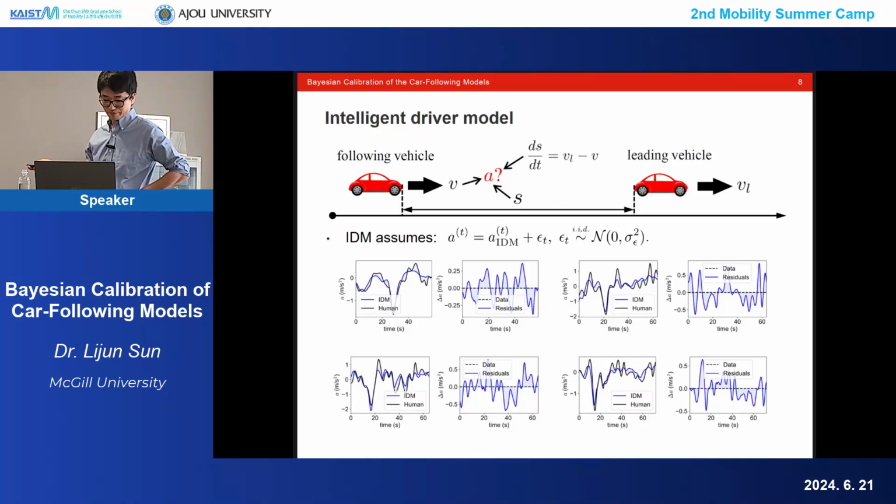So then we will get a result like this. For each observation, the black curve refers to the true acceleration curve, and the blue curve refers to the acceleration curve produced by the calibrated IDM model.